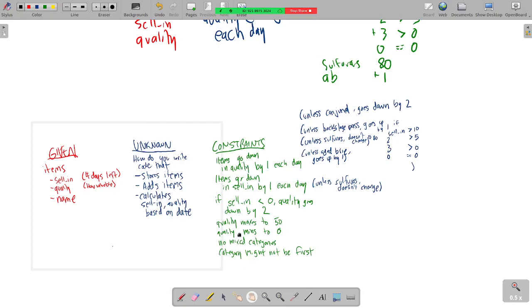The constraints is where the complexity is in the problem. Ask me more questions.